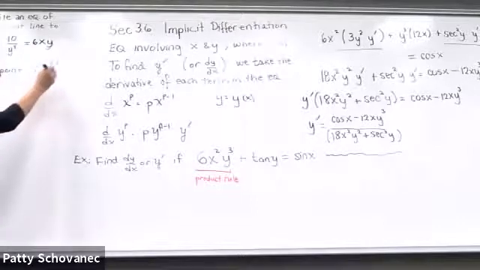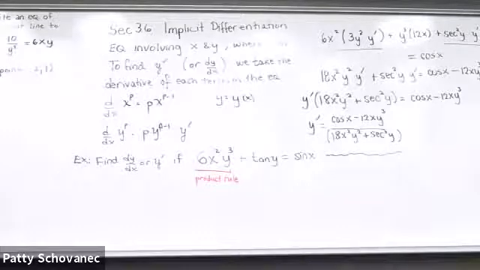Yeah, that's the point on the graph, right? Write an equation of the tangent line to that graph at the point 2, 1.